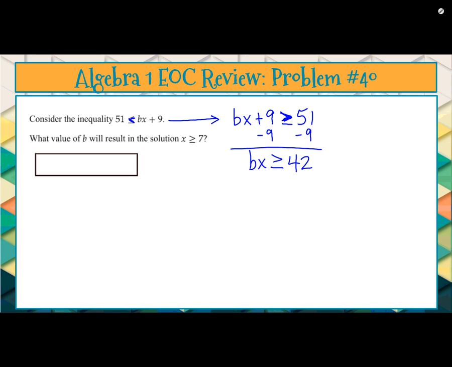Now notice that my signs are the same. So what would I divide 42 by to get 7? Well, dividing by 6 would get me a positive 7. So B would need to be 6. So B is 6.